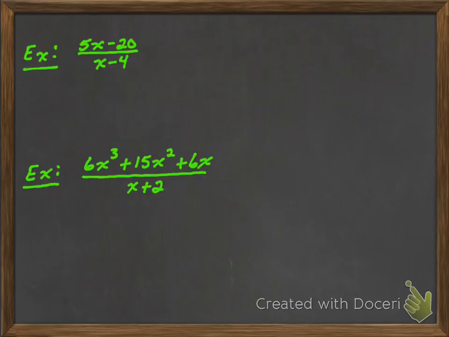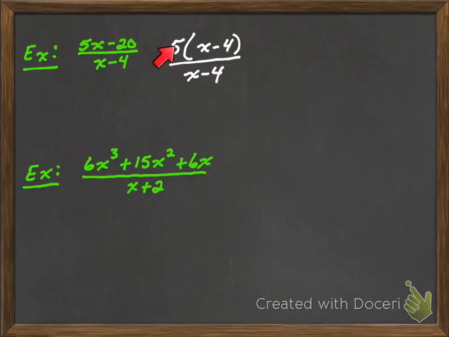So if we apply the same idea on the next example, in the numerator you can take out a GCF of 5, so that becomes 5 parenthesis x minus 4 over x minus 4.